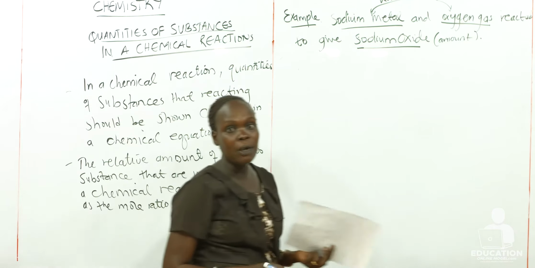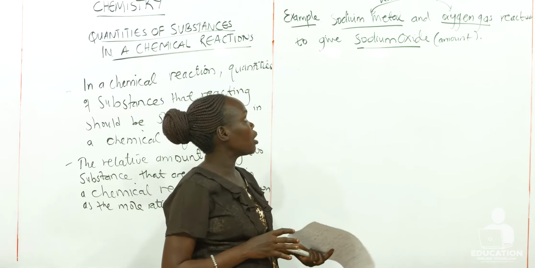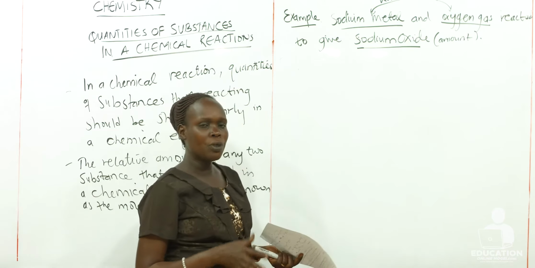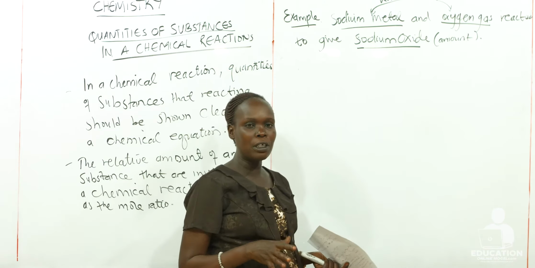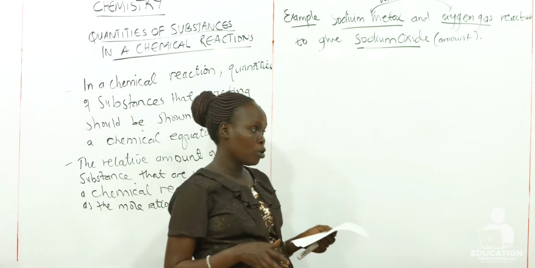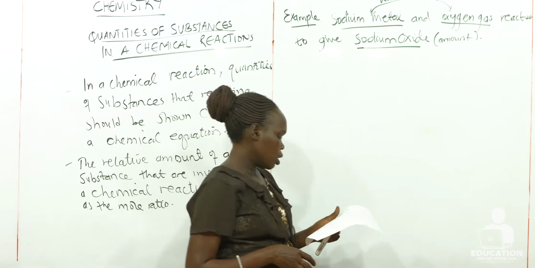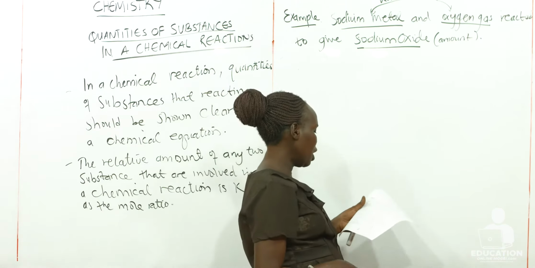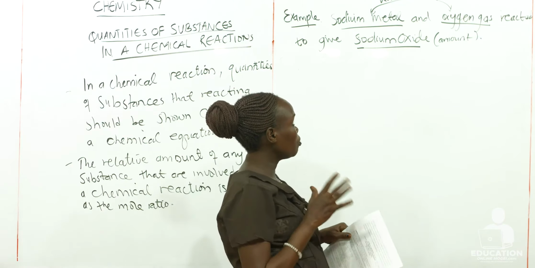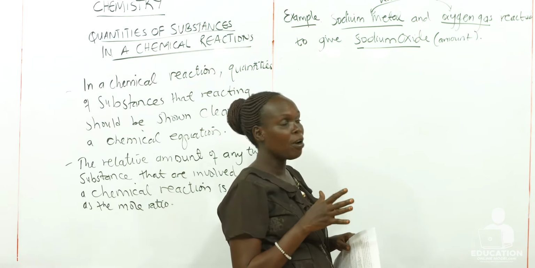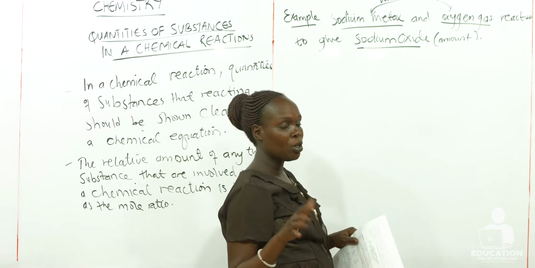It means the amounts are relatively equal to each other, so the product and the reactants have the same quantities of moles. So the mole ratio between any of the two substances involved, sodium metal and oxygen, will always be constant.